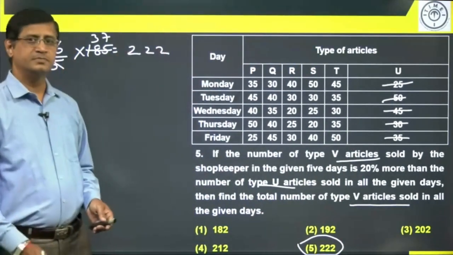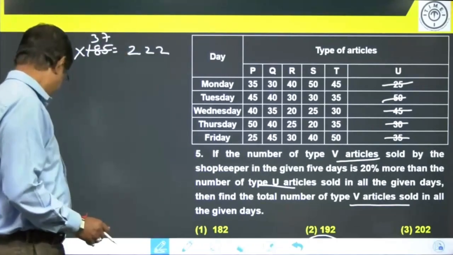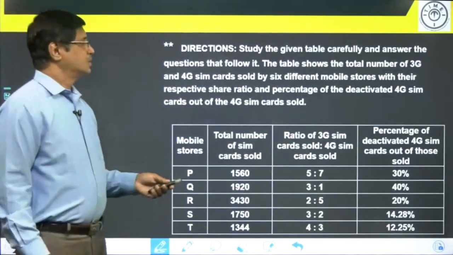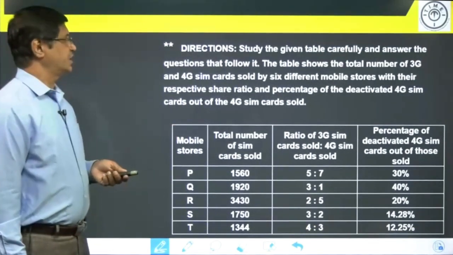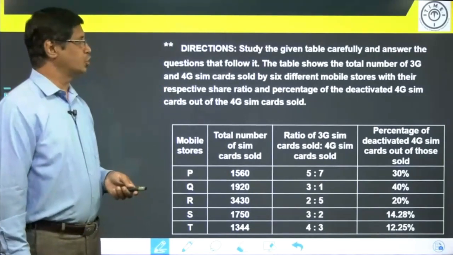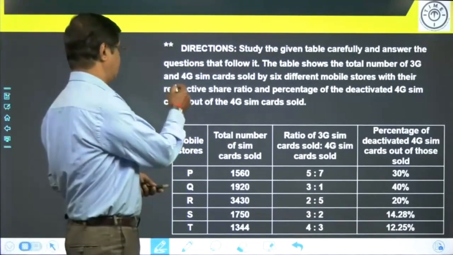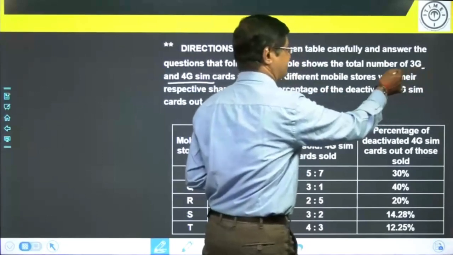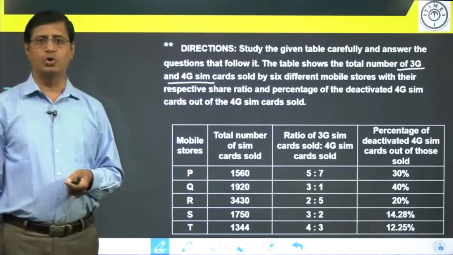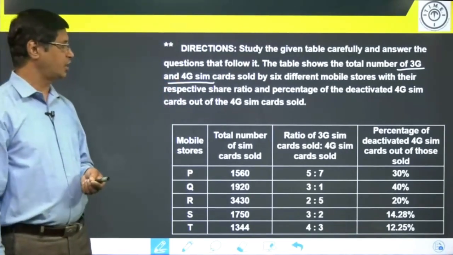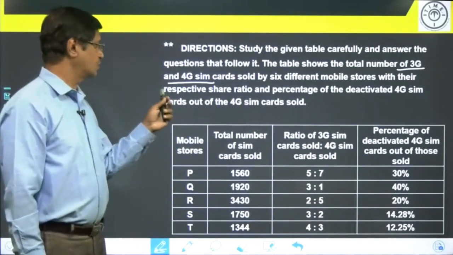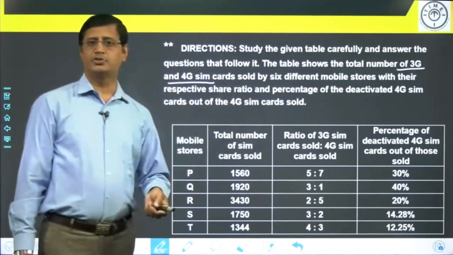Now look at the next set of questions. Here directions are given. Study the given table carefully and answer the questions that follow it. The table shows the total number of 3G and 4G SIM cards sold by 6 different mobile stores with their respective share ratio and the percentage of deactivated 4G SIM cards out of the 4G SIM cards sold.